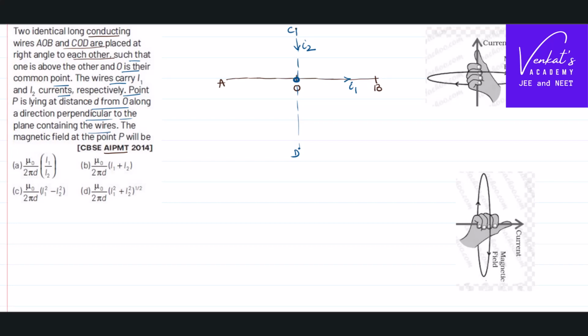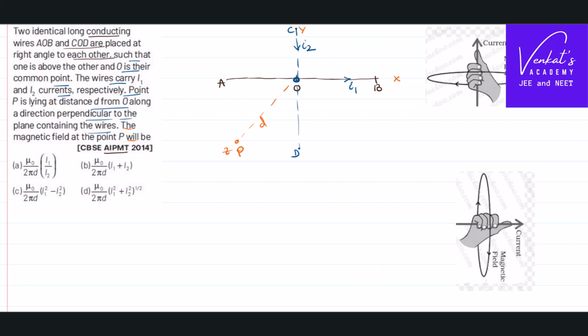So, where is the point P? I cannot show it. If this is the x axis and this is the y axis, your point is on the z axis, perpendicular to both of them, out of the paper, out of the screen at a distance D. This is the point P. What is the magnetic field at this point is the question being asked.